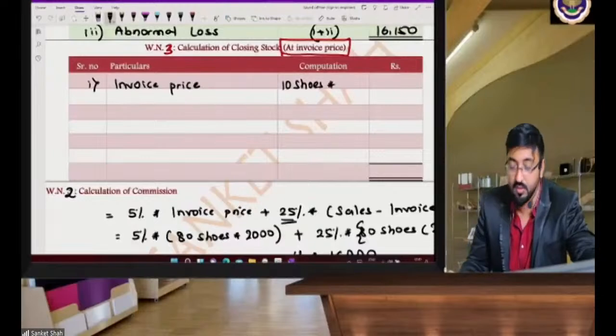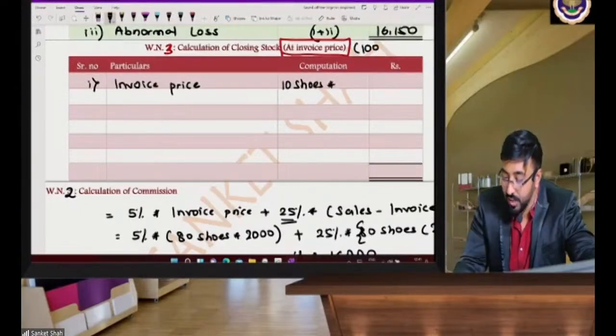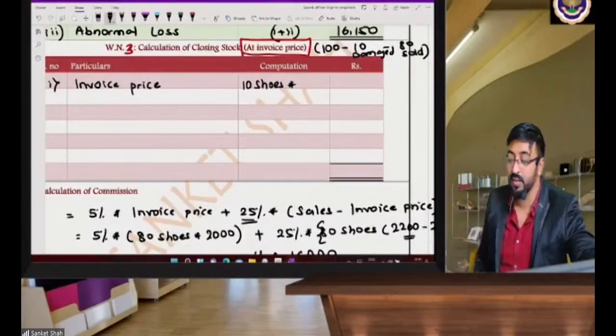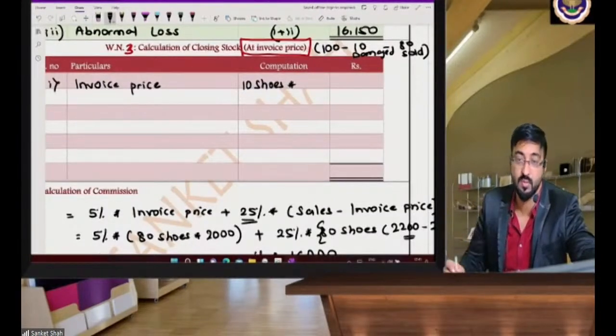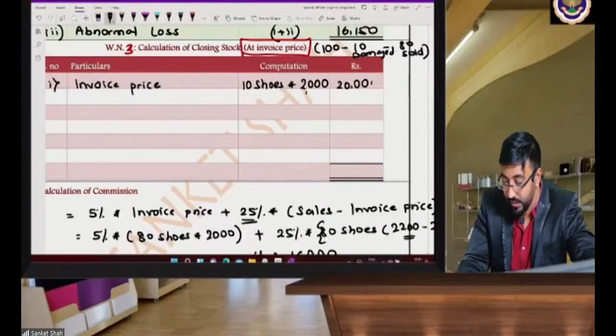Because now you are left with, see, 100 shoes. Out of that, 10 damaged and 80 sold. So you are left with 10 shoes, multiplied by invoice price of 2000. Answer is 20,000.